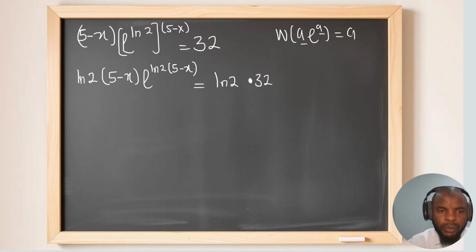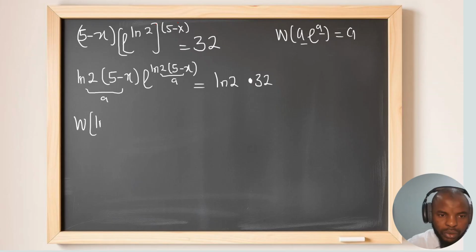Now this is done. Let's have a very good look at this. Natural log of 2 times 5 minus x, natural log of 2 times 5 minus x, they are the same. So let's call this a, let's call this a. So this is in the form of the Lambert. Now here we can apply the Lambert function.